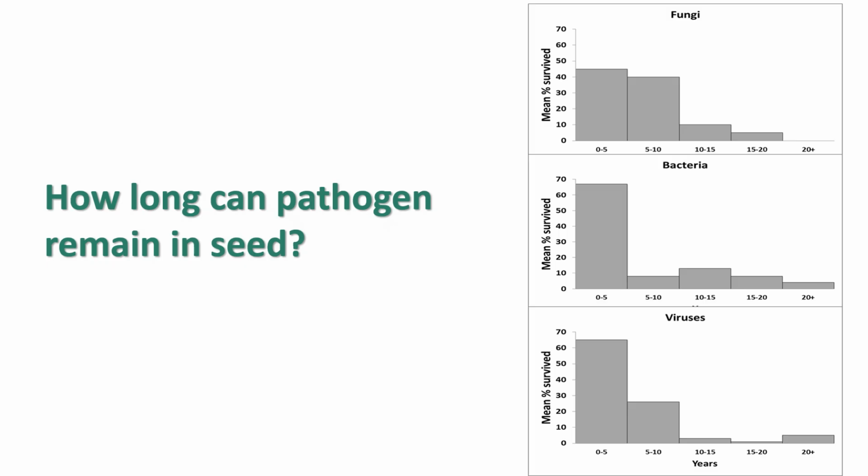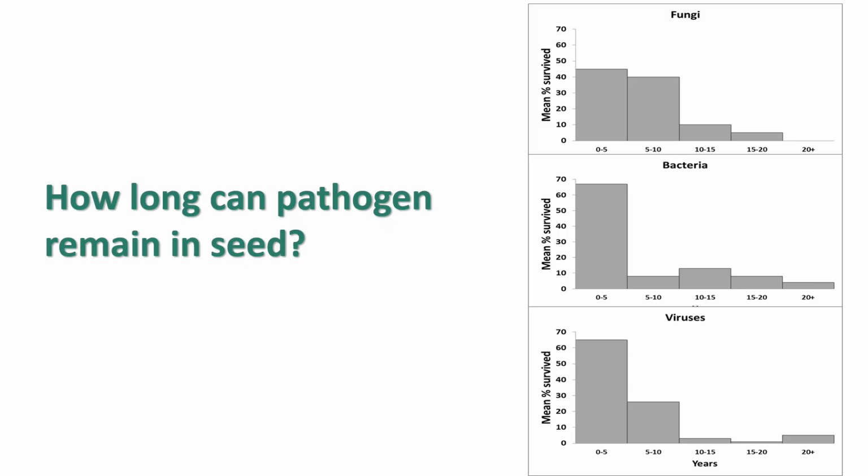And finally, the viruses in the bottom graph show a very interesting pattern. Most survive only up to 5 years, but a small fraction remains infectious for a very long time, even beyond 20 years. This is one of the aspects that makes viruses particularly critical for seed health management. They can remain a hidden reservoir of disease across generations.